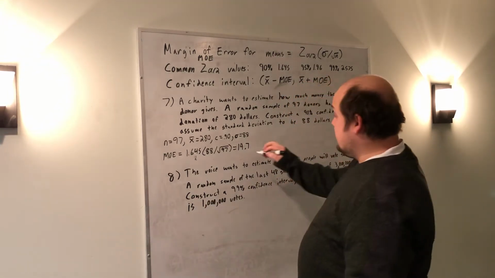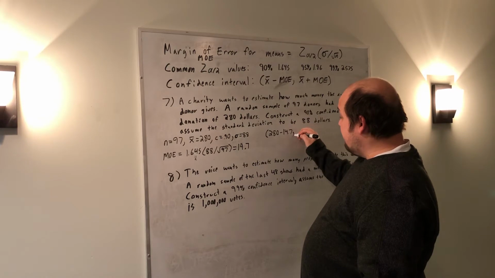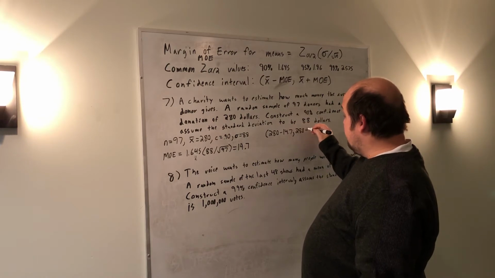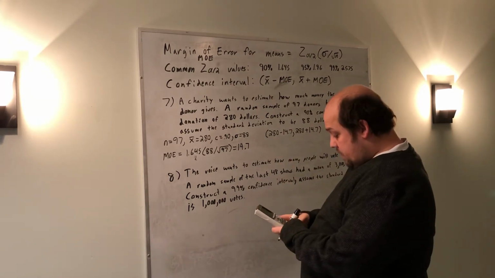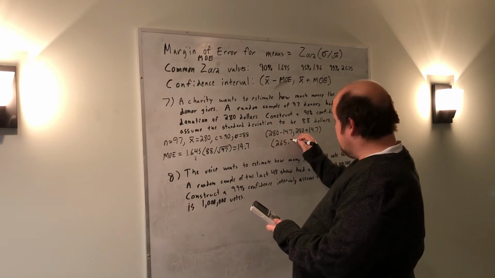I then just need to take the given mean of 280 and do 280 minus that margin of error, 14.7, and then 280 plus that margin of error of 14.7. When I do the minus, 280 minus 14.7 gives me 265.3.